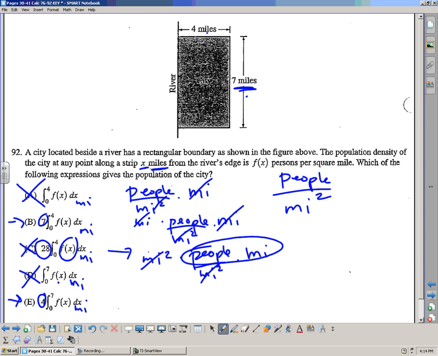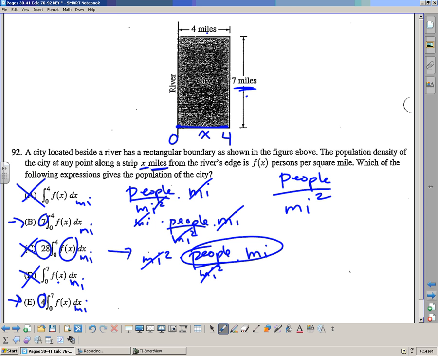Now the question is, well, what do we do? x miles from the river's edge is this distance here. So we want to be integrating everything with respect to x. So if you think about it, I'd want to be integrating from, say, 0 to 4, because that's what's going on the x-axis, and all of my integrals are written in terms of x.